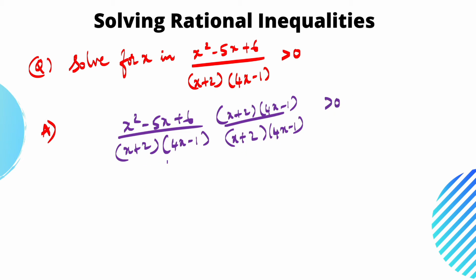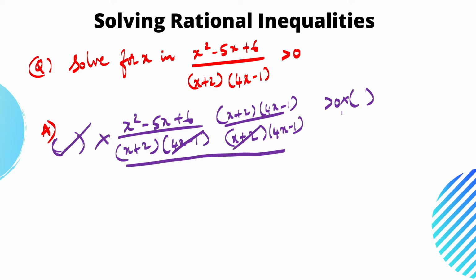Now we can be sure that the denominator is a perfect square, right? Hence it is a perfect square. We can simply multiply the same denominator here and the same denominator on the right hand side as well, so that this denominator and this one get cancelled, and 0 into anything is 0.